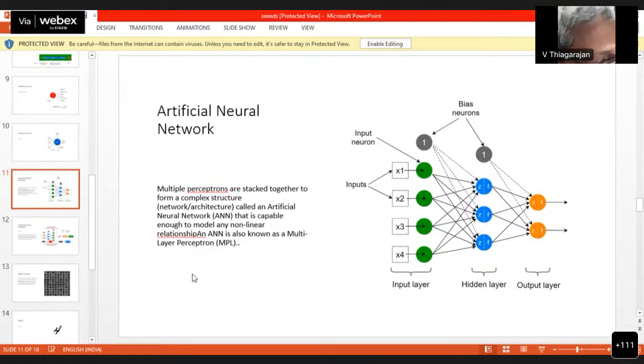So here we have four input parameters, and we have bias neurons. There is one bias neuron, there is another bias neuron, and finally there are two activation functions here. That is called the output layer. These three layers are the basic structure of an artificial neural network, and this is the building block for our artificial intelligence.